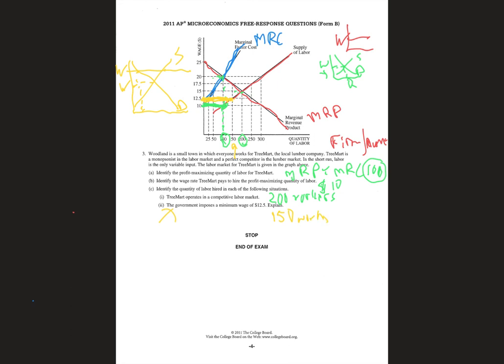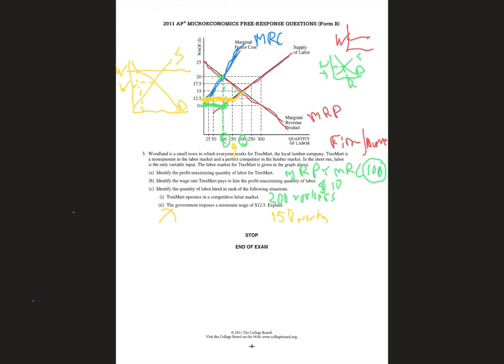How do I know that that's the quantity? Well, as soon as I want to hire the 151st worker, I know that I would have to increase my wage in order to hire that next worker. That's what the supply curve of labor is telling me. So I can't hire beyond 150 workers, okay?